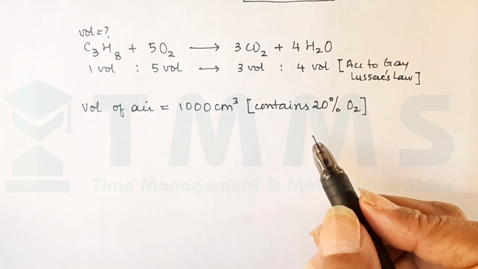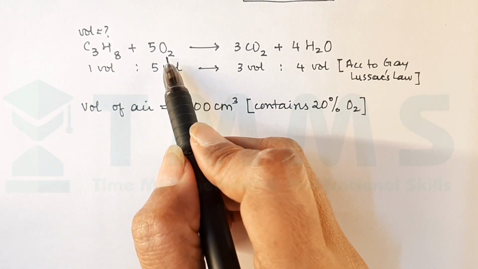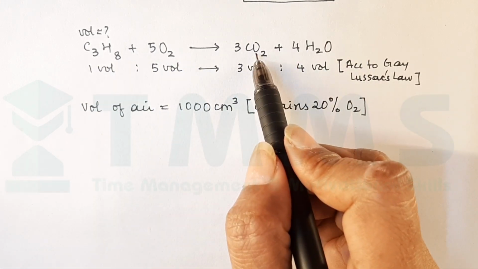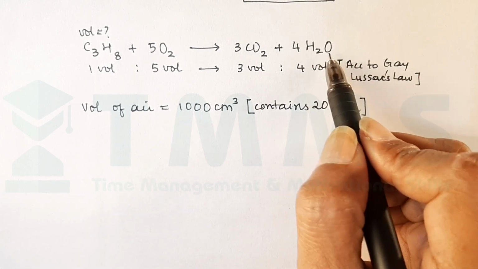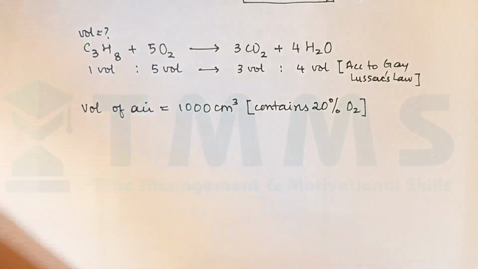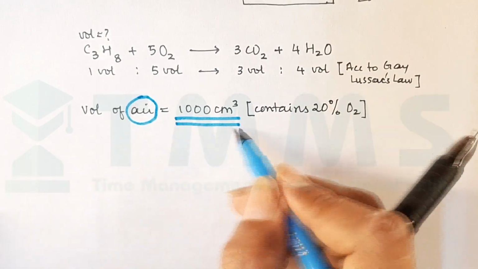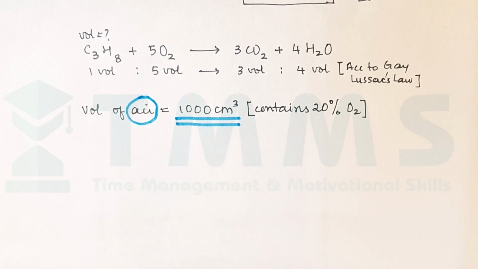And now let us look at what else has been given. We are not given any oxygen, we are not given any carbon dioxide, we are not given even the steam, but we are given air. And how much is that air? Air is 1000 centimeter cube.